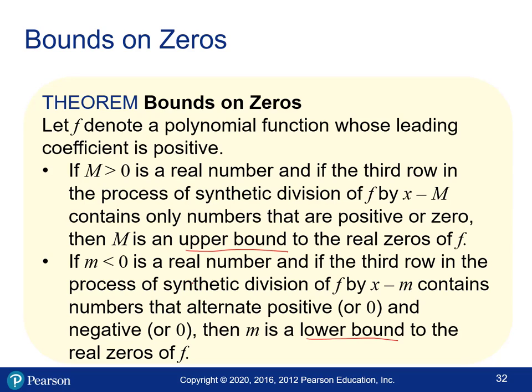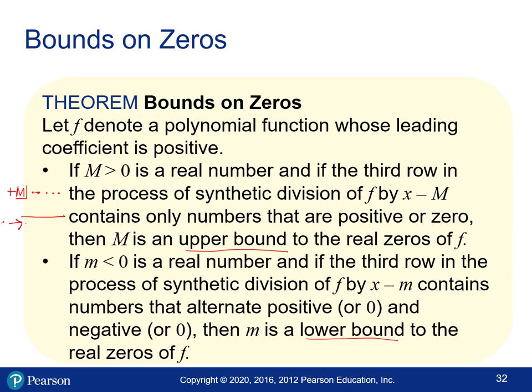So you can read through this, but let me just summarize what's being said here. If you have some positive number, they're calling it m here, and you do synthetic division by dividing by the factor that has m in it, x minus m, you put m up here in the corner, and then you put your coefficients from your polynomial here, and you do your synthetic division.